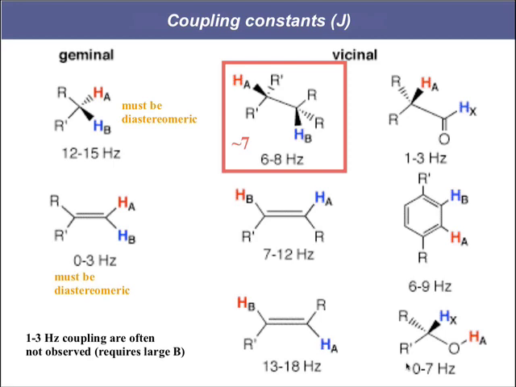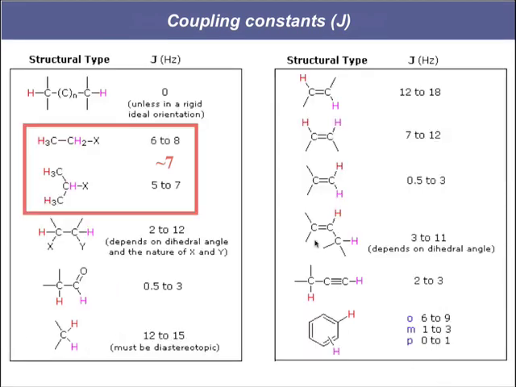I have several slides here with different coupling constants showing different relationships between different neighbors. So here we have hydrogens that are not on neighbors. We've got hydrogens on a carbon that are separated by some number of carbons to finally another carbon with a hydrogen.